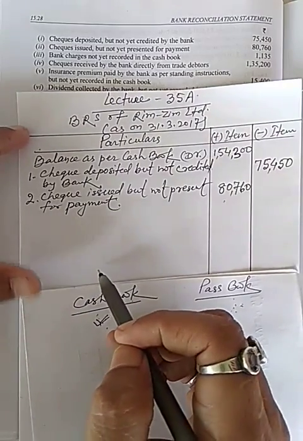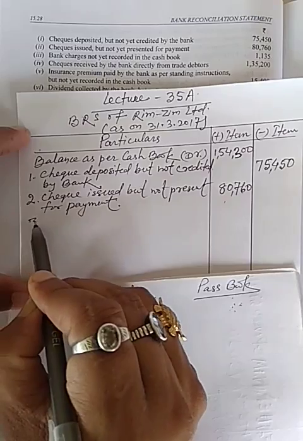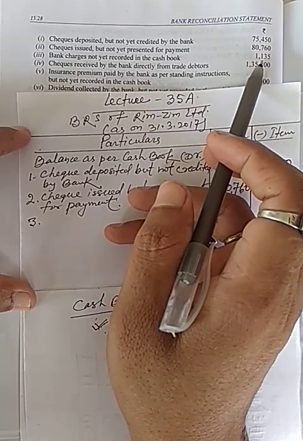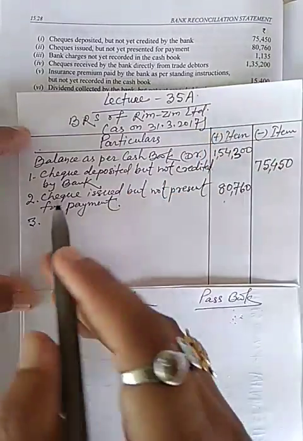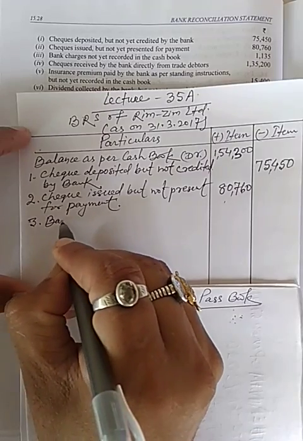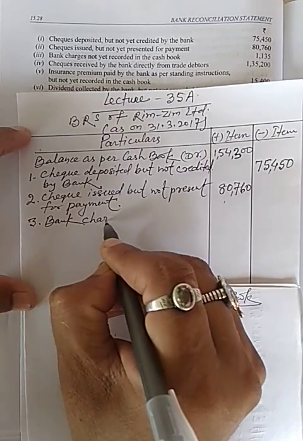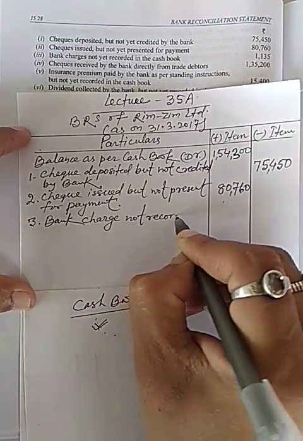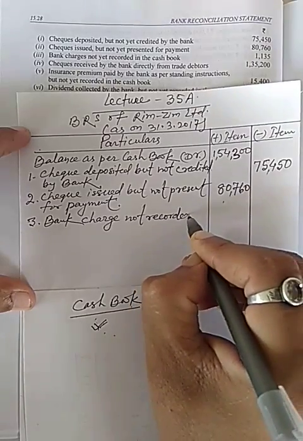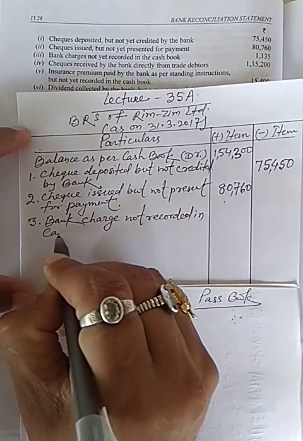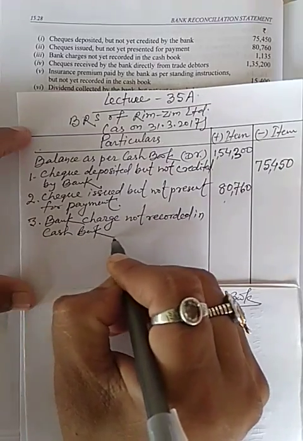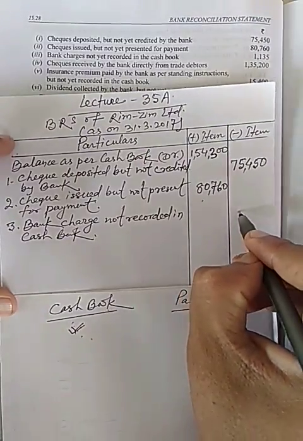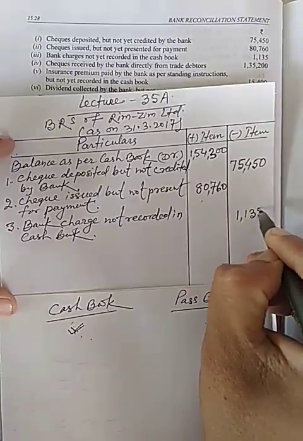Now the third point is saying bank charge not yet recorded in cash book, 1,135. So bank charge not recorded in cash book, it will be in minus side, 1,135.